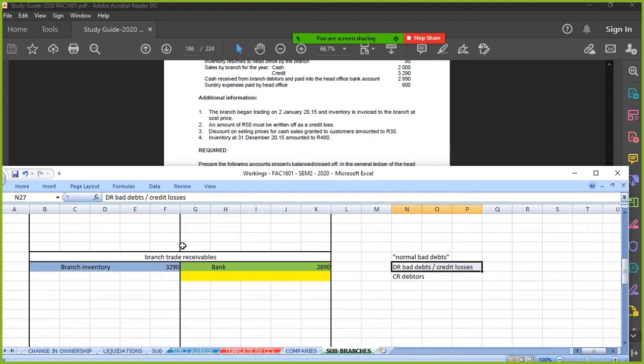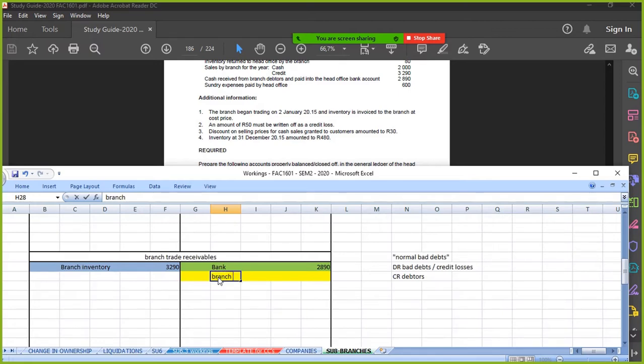If they're just looking at the individual branches, this bad debt that this branch would incur would be the branch's bad debt. Does that make sense? Yes. So if it's the branch's bad debt, not the company's bad debt, that's why the branch needs to account for the expense. Happy with that? Yes. Good.